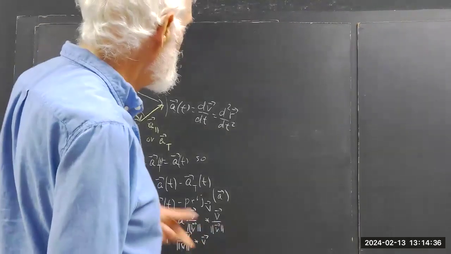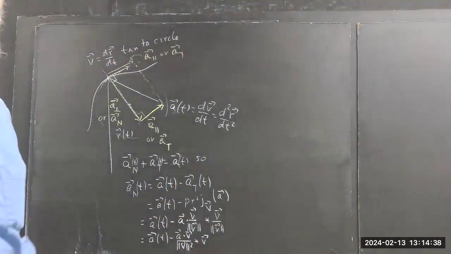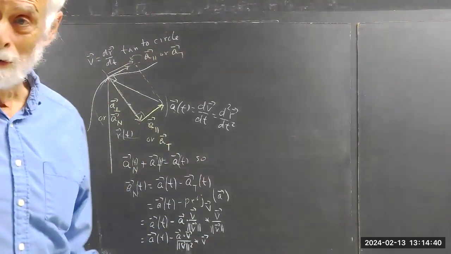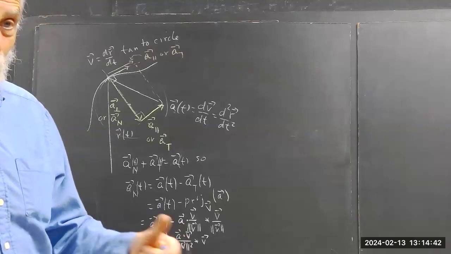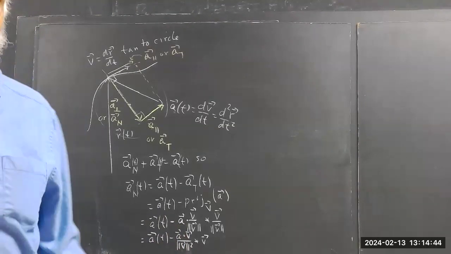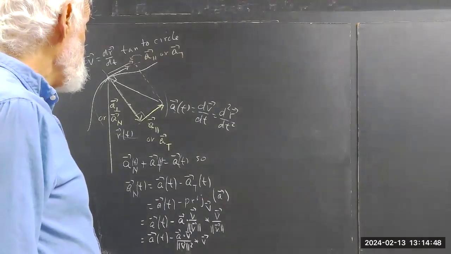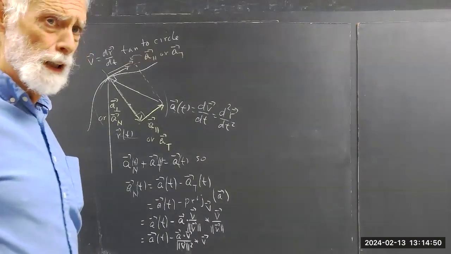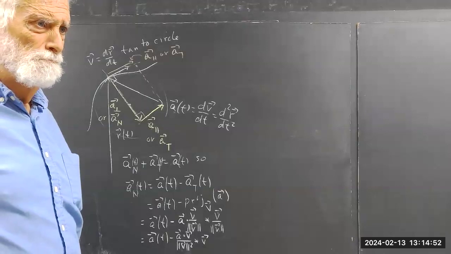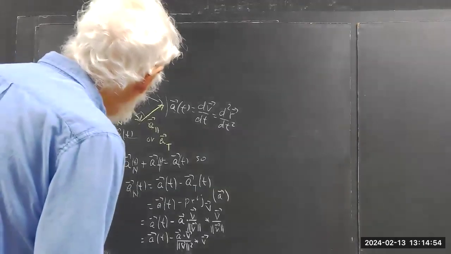Well, there's insight in knowing what's going on well enough to know the formula. But the more you know about the formula, the better you're going to be able to solve the problem.